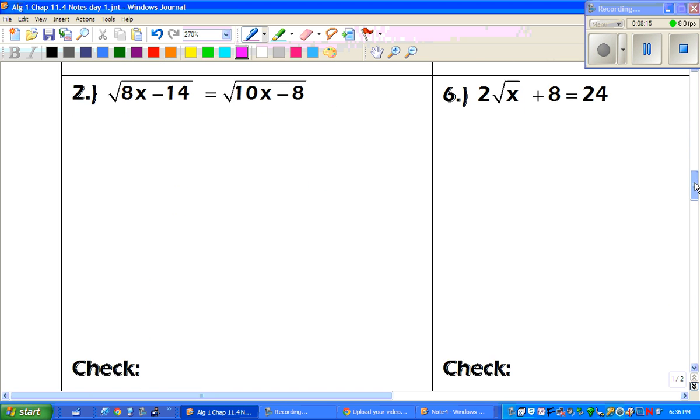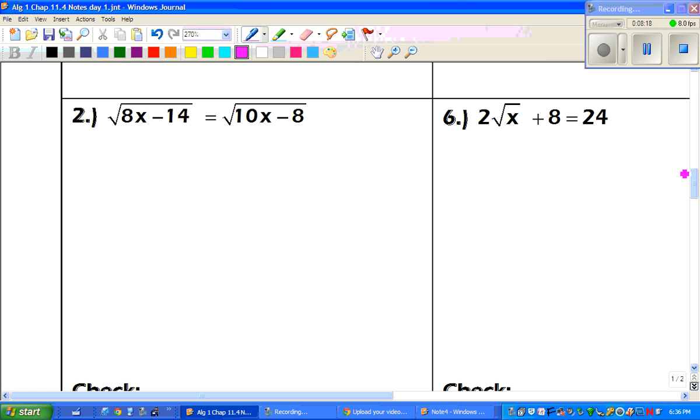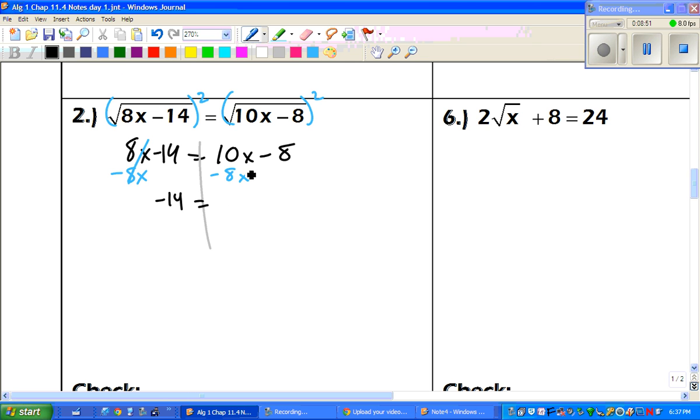All right. Let's move on to number 2. So we have to get rid of the roots on both sides. What I do to one side, I have to do to the other. And then we're left with 8x minus 14 equals 10x minus 8. Excuse me. So I'm going to move the smaller variable so I don't have to work with negatives.